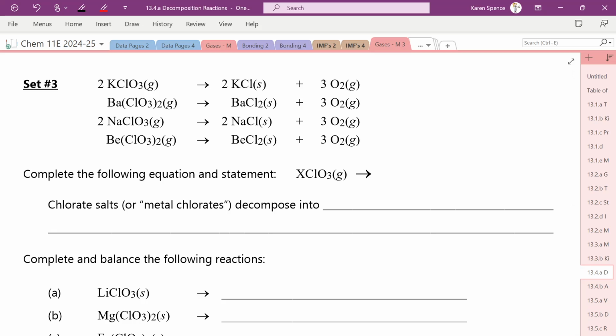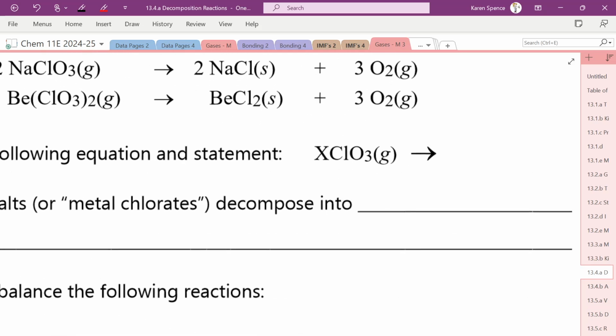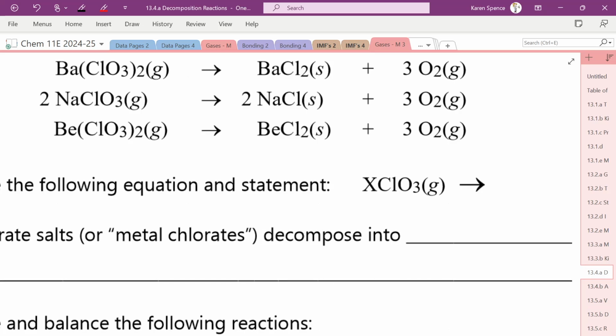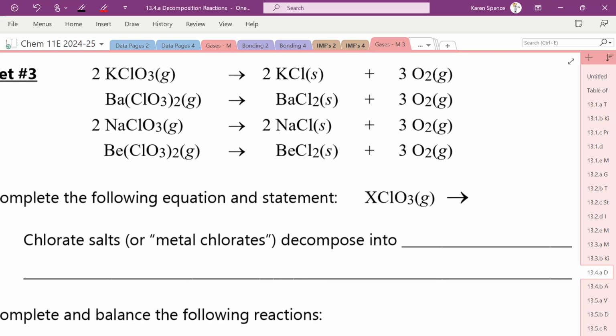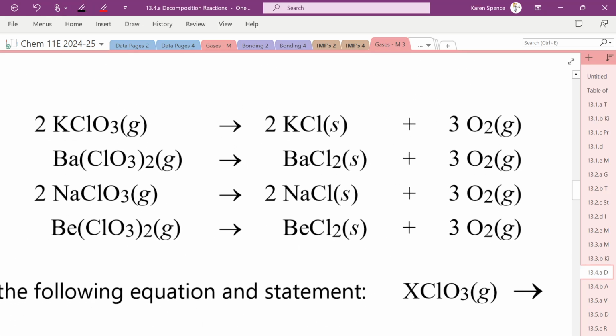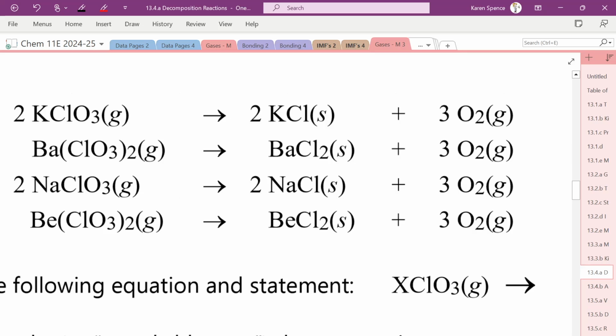The chlorates are fairly straightforward. Okay, so you have a chlorate, and based on how our carbonates worked, it's kind of the same. Well, it's not really. So we have something ClO3. What should we get as our product? Metal chloride plus oxygen.